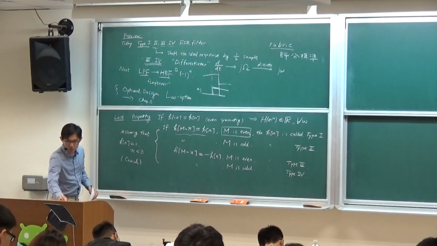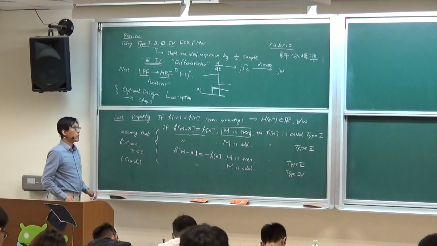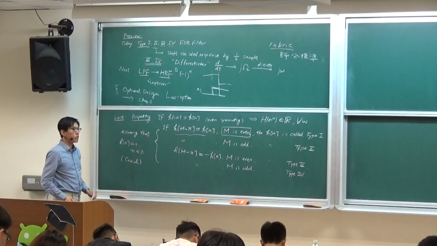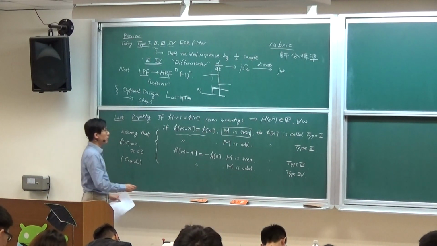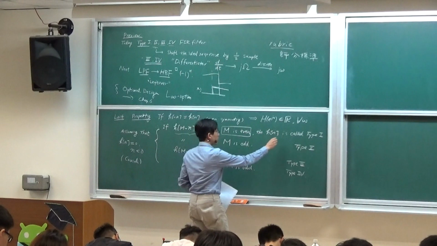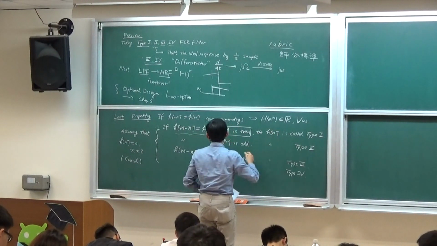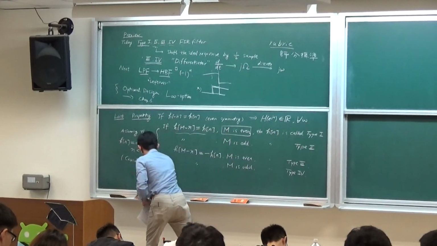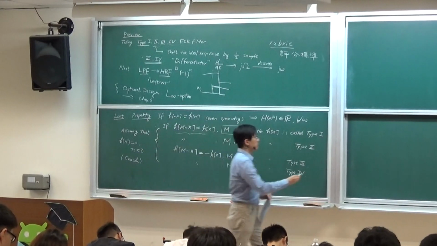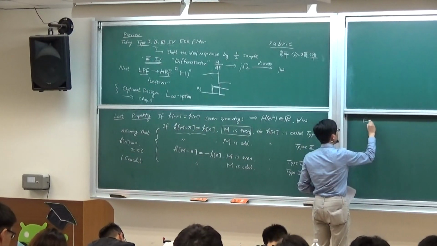Okay, so it might help if you draw a picture showing an example of type 1, 2, 3, and 4. So let's go over this quickly. Type 1, for example.